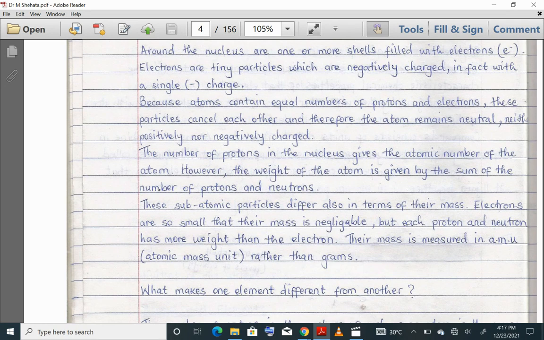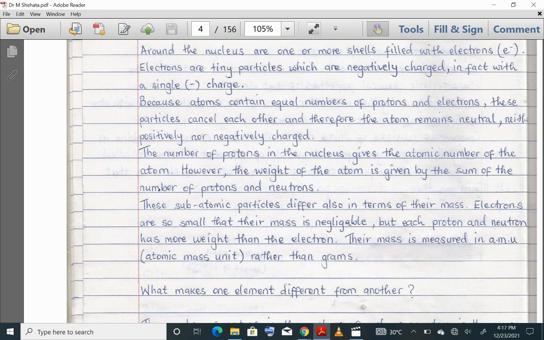And then when you talk about the mass number, that's the total mass of that particular atom. Now, I want to state here that even though we are talking about the total mass of the atom, and we know that an atom has three parts, the protons, the neutrons, and the electrons, the electrons have a very, very low mass, so much that even if we added the electrons, it wouldn't really affect the mass of that particular atom.